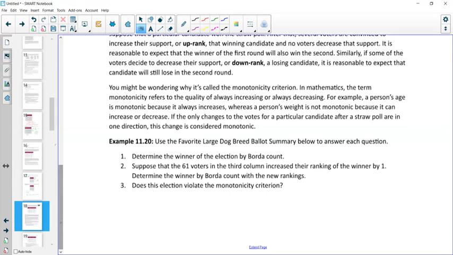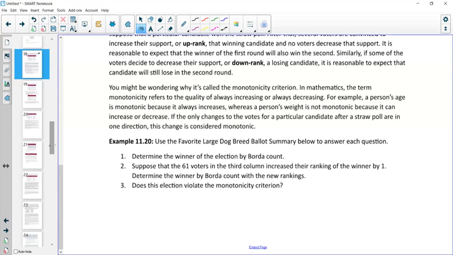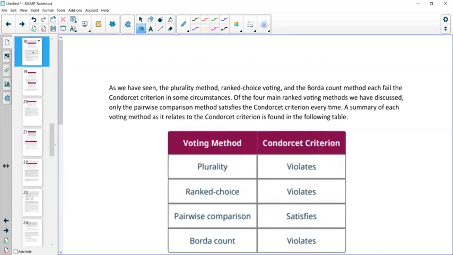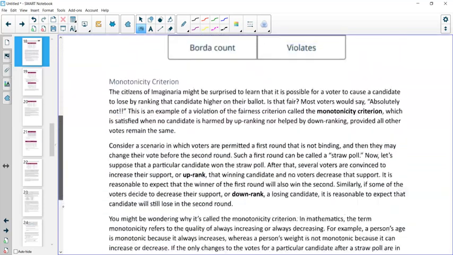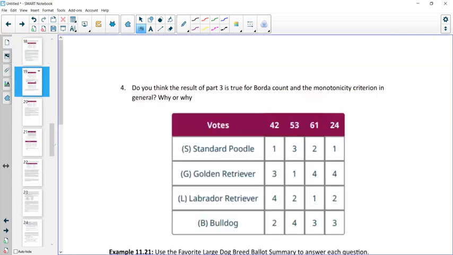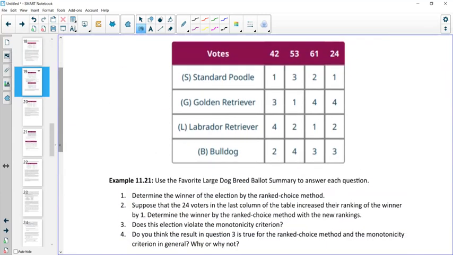And I do believe we have to go to the next page. Oh, no. So determine the winner of the election by Borda count. So let's go. Borda count. Fourth place gets no points.